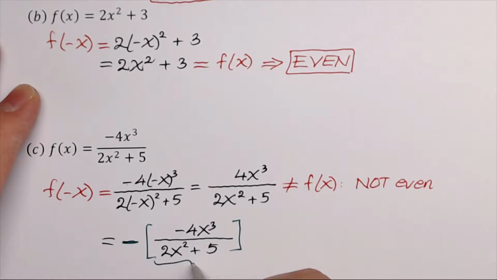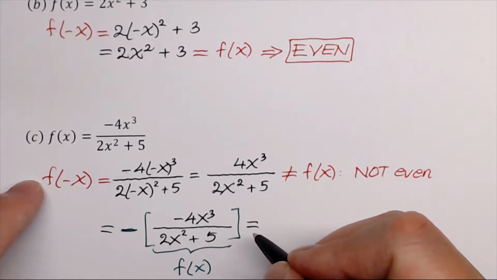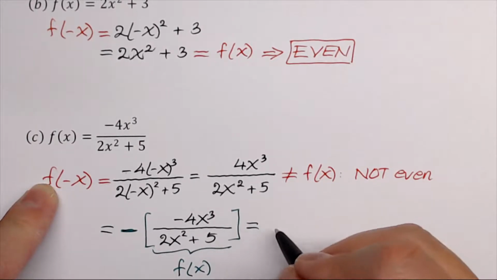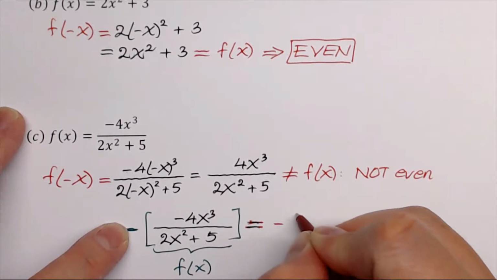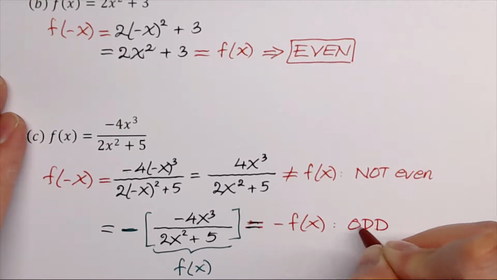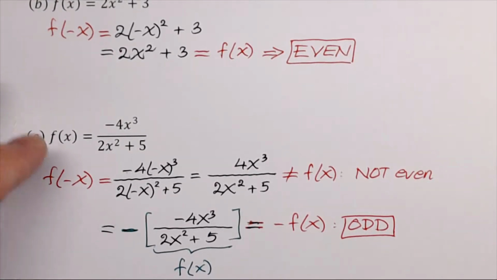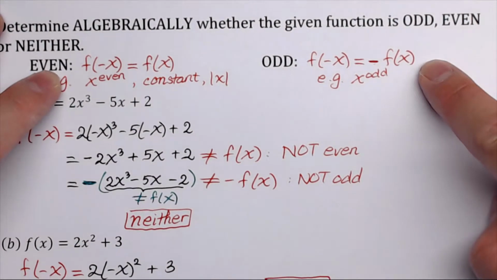So inside the parentheses or the bracket, this is the original function. So altogether, f of negative x is equal to negative f of x. So that's why this function is odd. And that's how we determine a function is even, odd, or neither, using the definition. Those are the definitions.